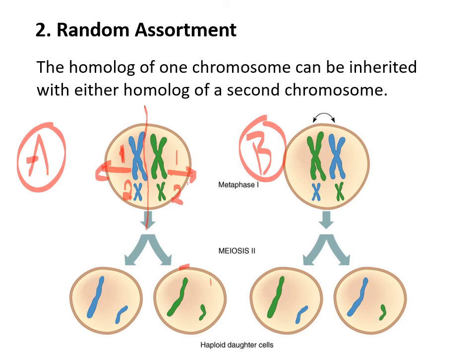When they get pulled apart, you could end up with a cell that has just the chromosomes from the mother, and one that has just the chromosomes from the father. That could happen by chance because of how it was assorted; this is random assortment.